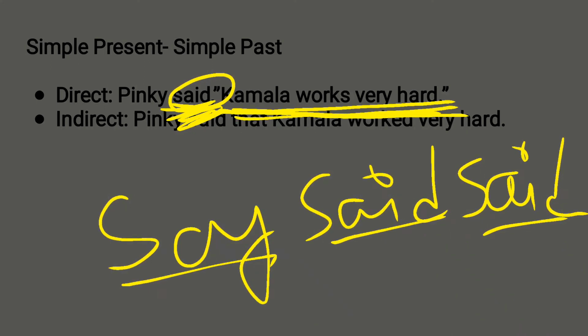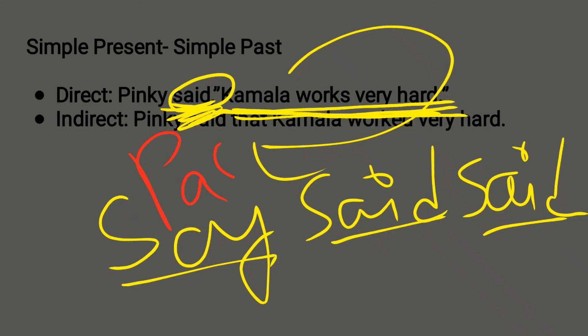Yes. So whenever you are converting this sentence into indirect speech, the verb of the reported speech will also change to past tense. You have got the point?